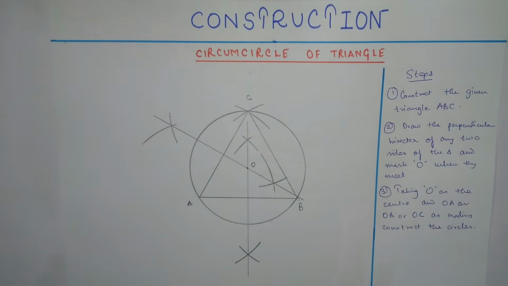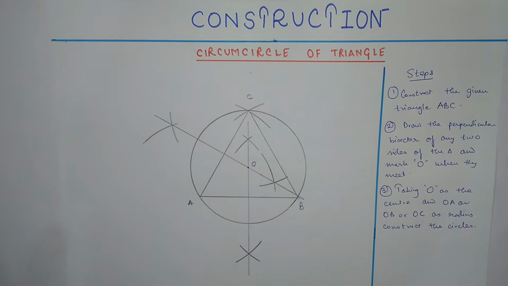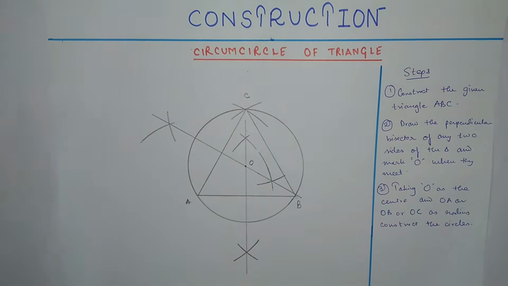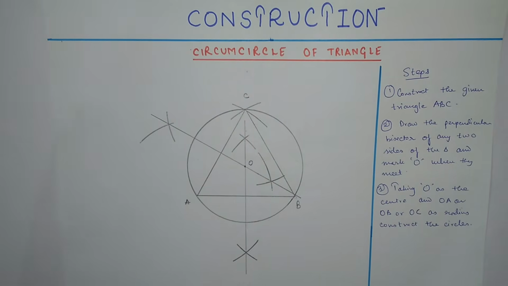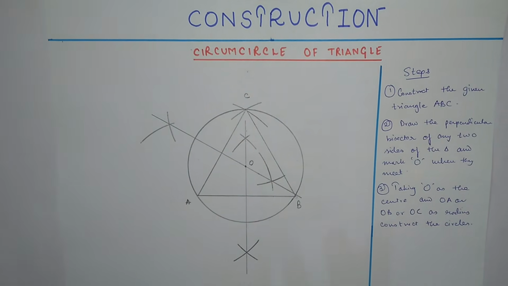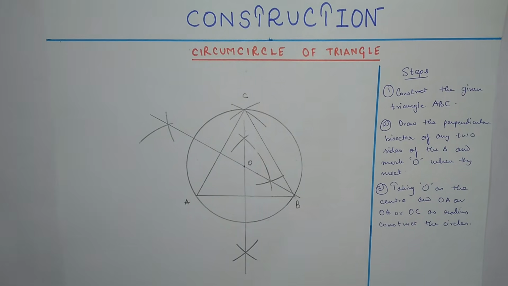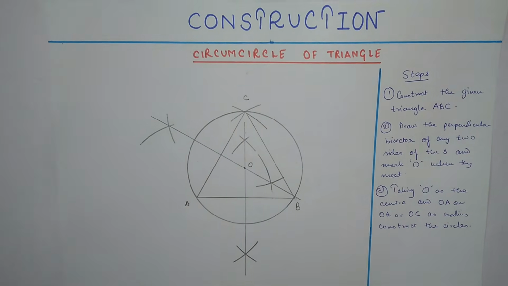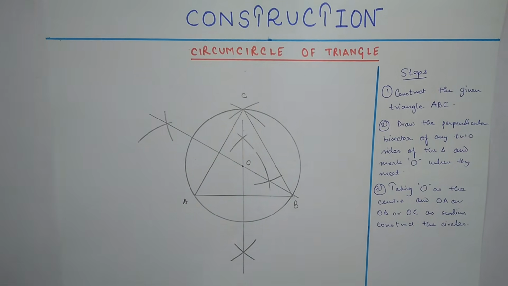Now this triangle can come or cannot come. You will be given other type of triangles, but constructing a circumcircle is similar to this. You have to find any two perpendicular bisectors of any two sides, join them and construct the circle. So we are done with this.